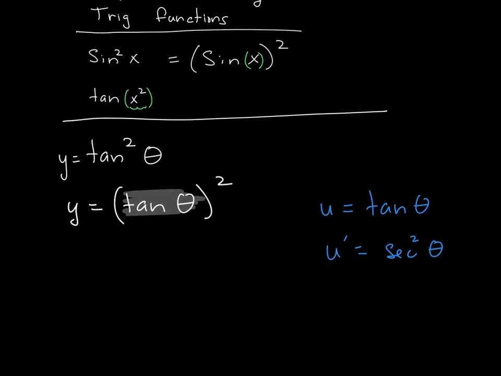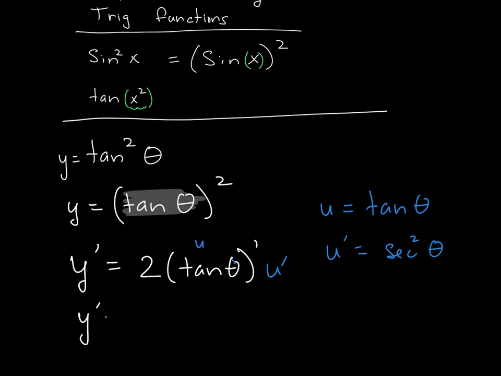All right, so let's go over here again. That means the derivative of u is going to be 2. The argument on the inside, that u always stays as u, to the first power. And then I multiply this times the derivative of u.